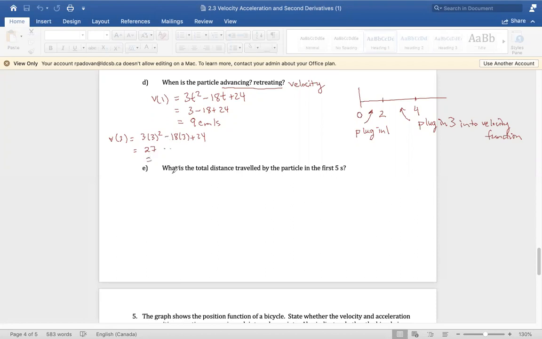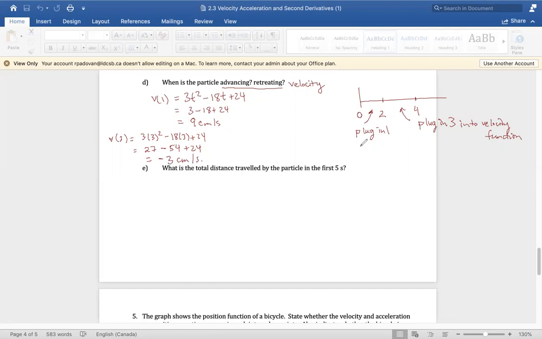What do you have as a final answer? I end up with a final answer of negative 3 centimeters per second.